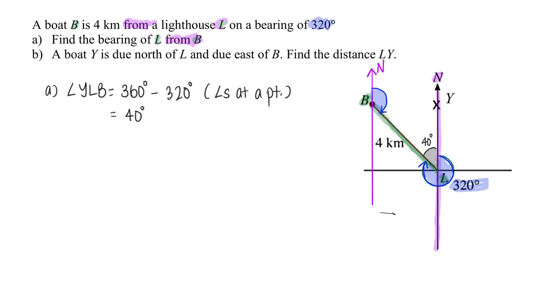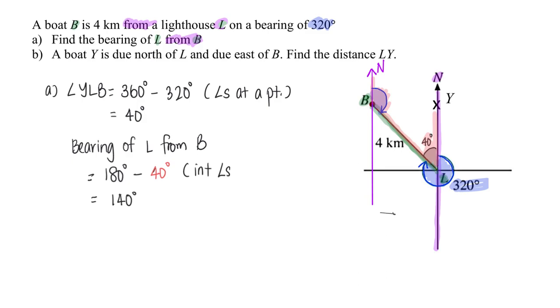And because I know this is 40, then by interior angles, the bearing of L from B will be equal to 180 degrees minus away my 40 degrees to give me 140 degrees. Okay, this is because of the interior angles property.